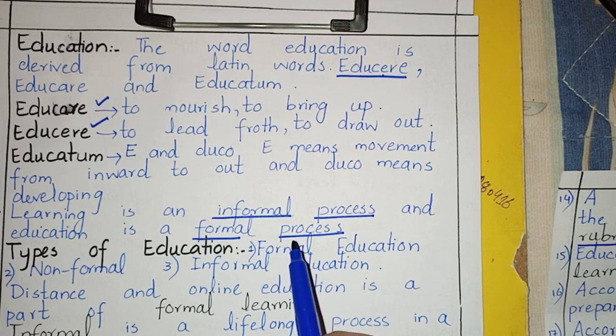It begins in elementary and then continues with secondary school. Informal education is that education that takes place in family or groups. It is natural and lifelong. And non-formal education is the education of adults, that is basic education or literacy education.